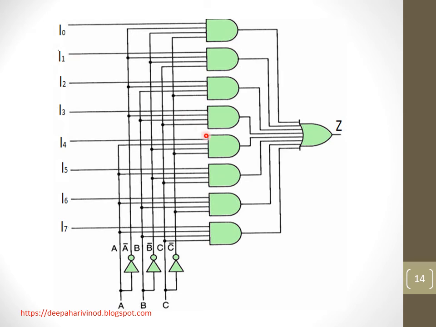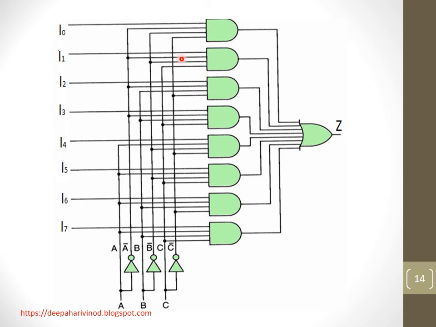For I1 it is 0 0 1, means A bar, B bar, C. Here we can see A bar is connected here, B bar is connected here, and the other input is C. Along with that, I1 should be connected.